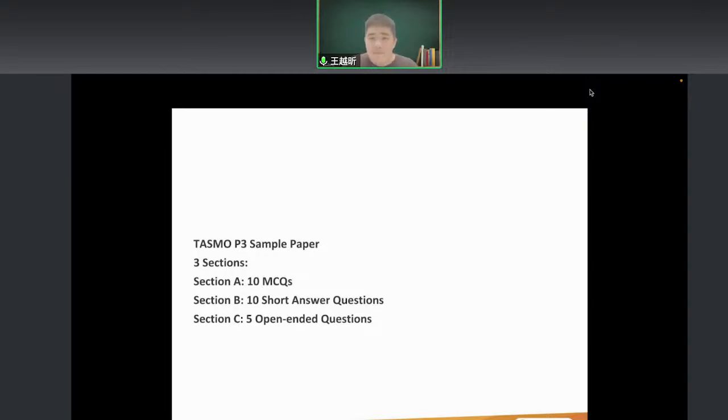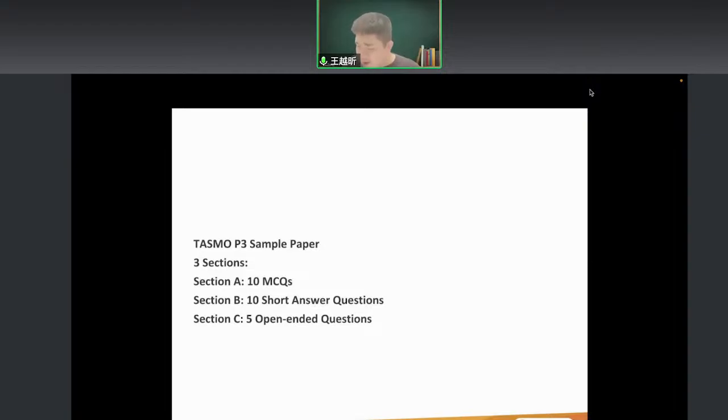I don't know if you have tried the sample paper or not. If you have, you can key in a 1 in the chat box, so I know that you have tried it.